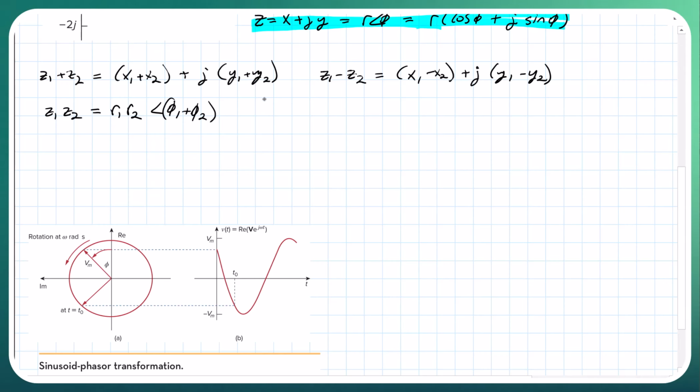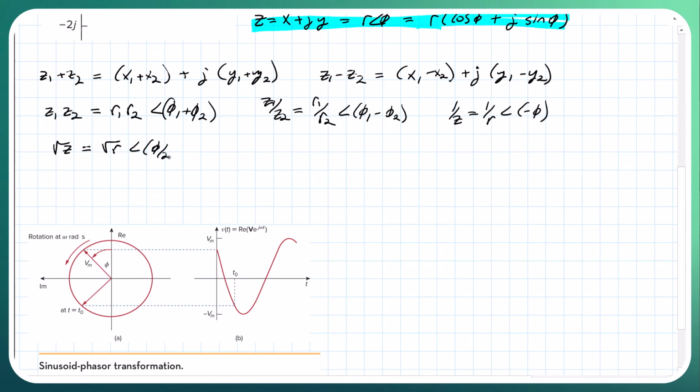Division, z1 over z2, is going to be r1 over r2, angle phi 1 minus phi 2. Reciprocal: 1 over z is going to equal 1 over r, angle minus phi. The square root of z is going to equal the square root of r, angle phi over 2.